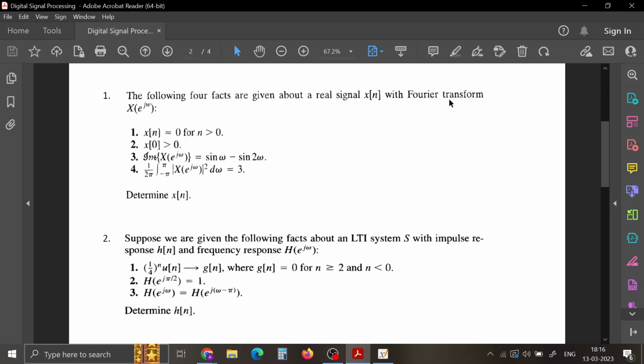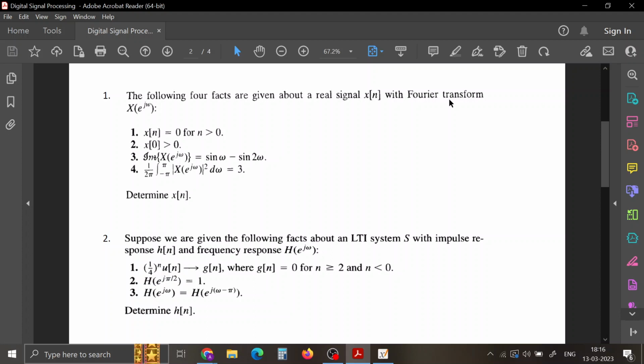Whenever x of n is real, the real part of the Fourier transform is an even function. Just go back to your lectures and verify it. And also, when x of n is real, the imaginary part of the Fourier transform is an odd function.